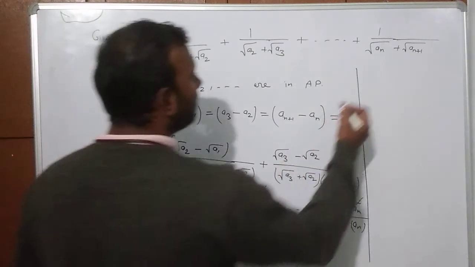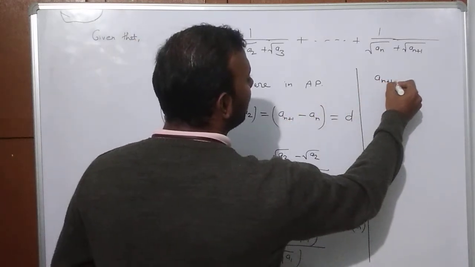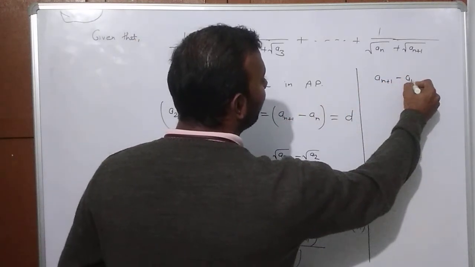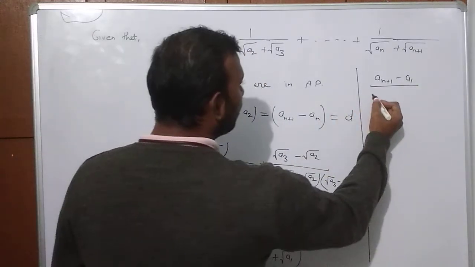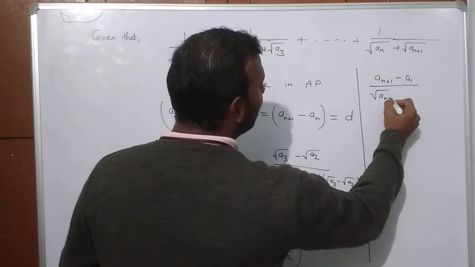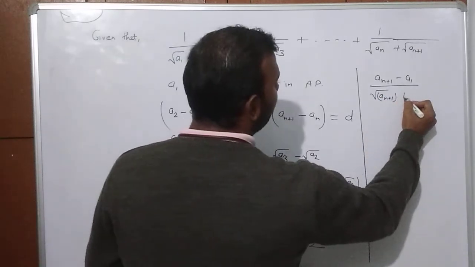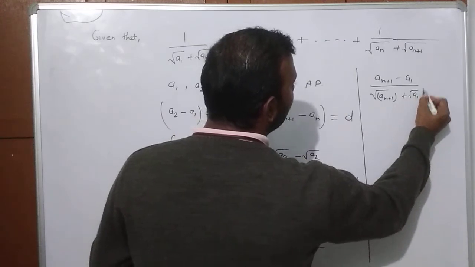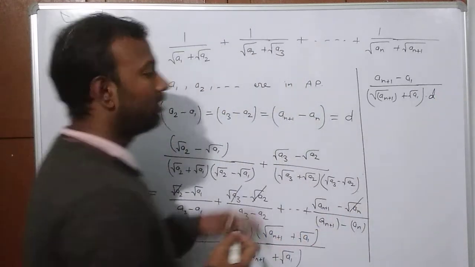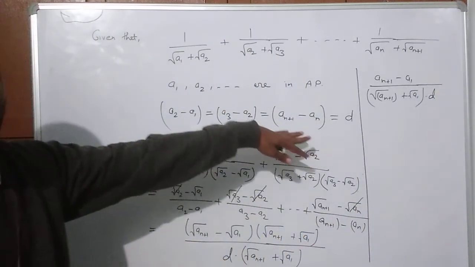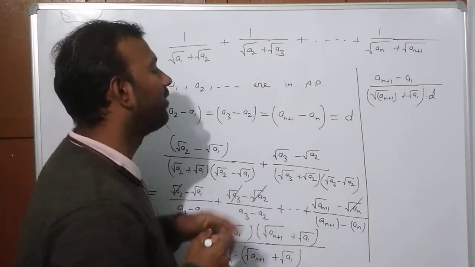So we will get in the numerator a n plus 1 minus a1, and in the denominator we have under root a n plus 1 plus under root a1 multiplied with d. And what is d? This d, which we supposed, is also known as the common difference.